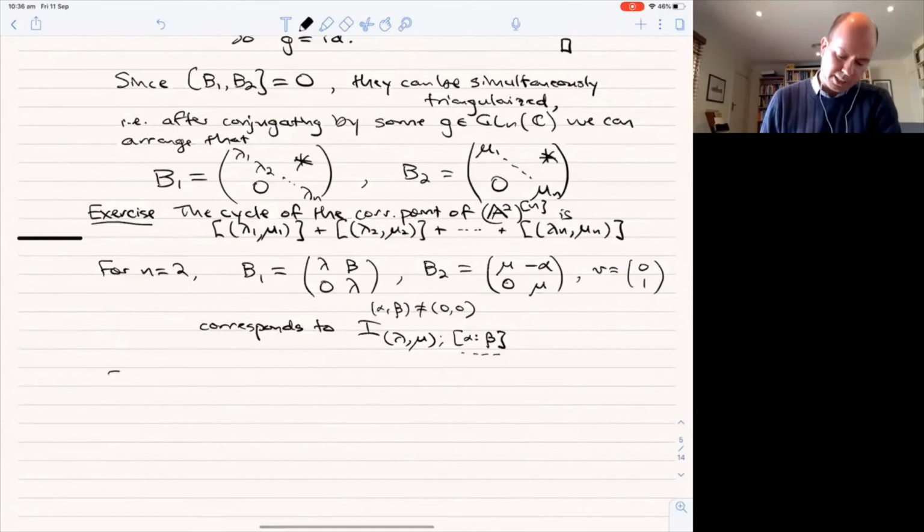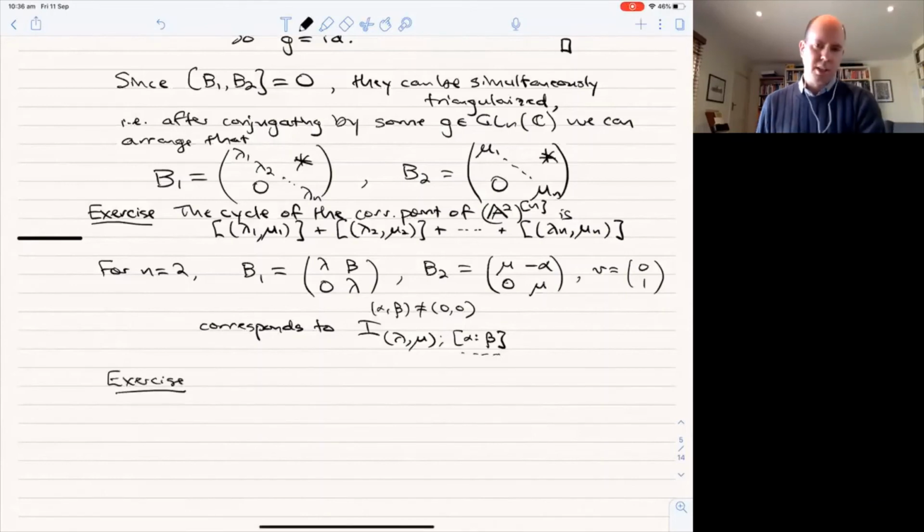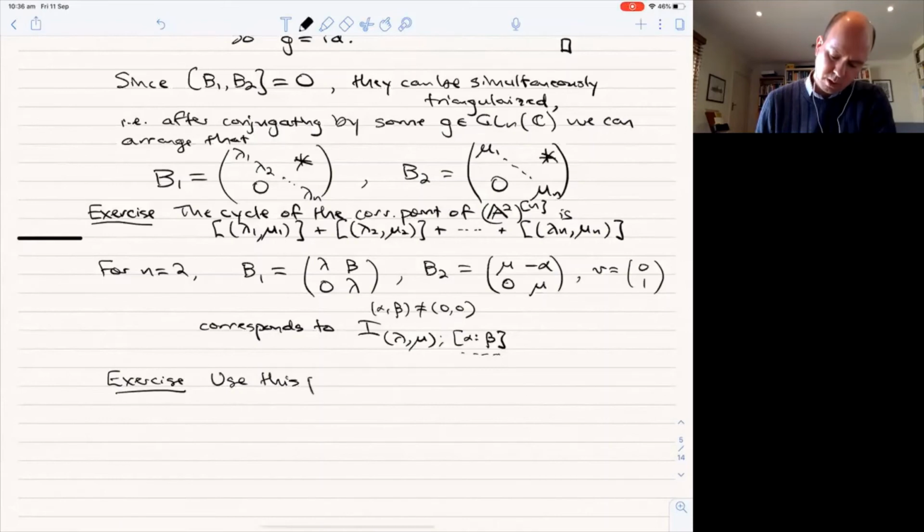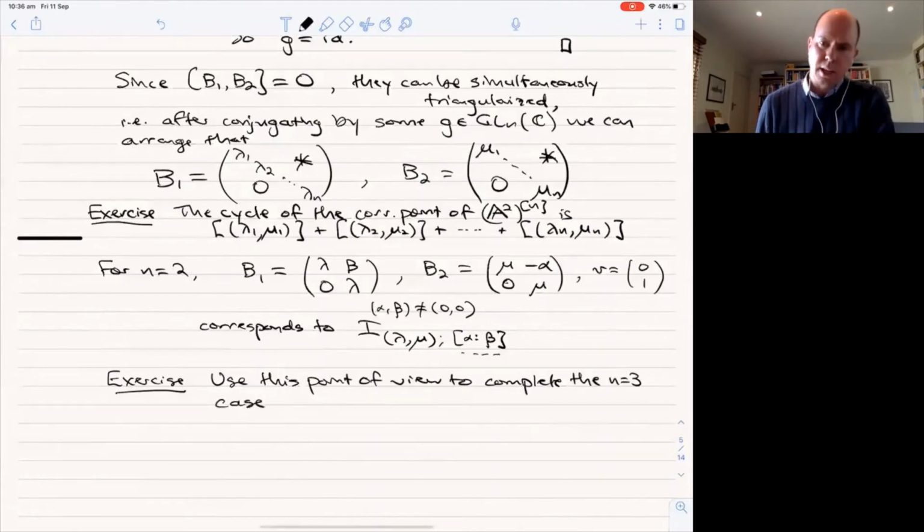So another nice little exercise, which I won't have time to go through, is to use this point of view to complete the n equals 3 case, i.e. classify codimension 3 ideals.